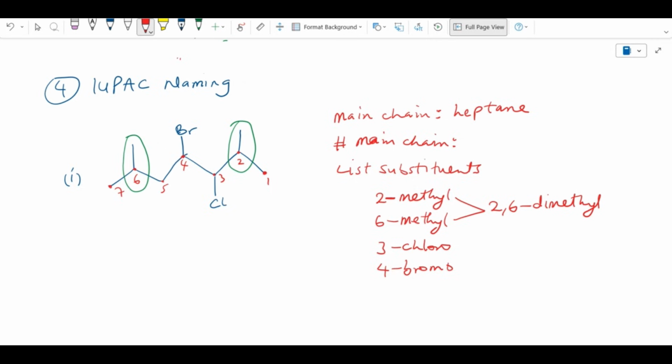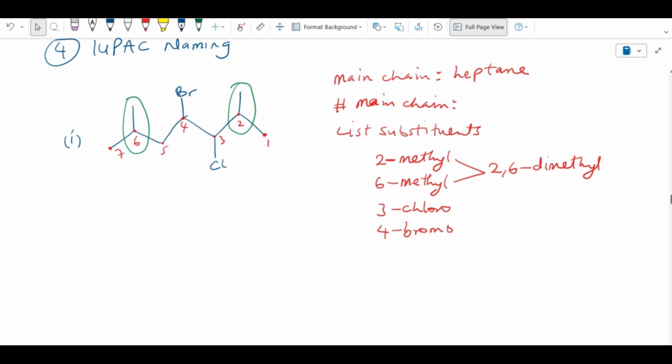The next thing would then be to name the compound. So to name the compound, you would name the substituent first, followed by the main chain. And in naming the substituents, you have to name them in alphabetical order.